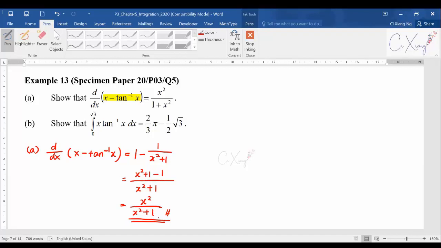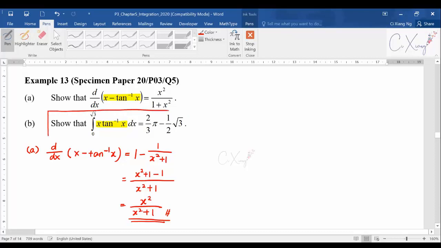Then after that, they want you to show that the integral of tangent inverse x equals this part. For this particular example, we cannot do it yet because it involves integration by parts.